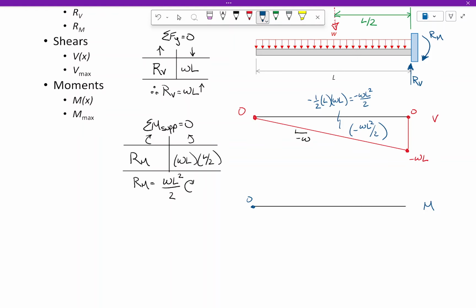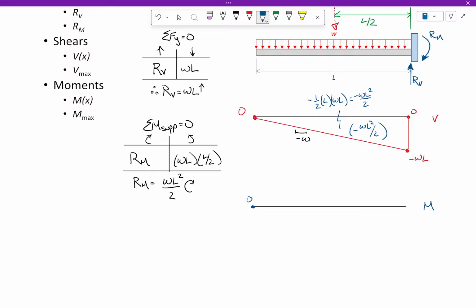Somebody tell me what the moment diagram looks like. It curves like this. It's a quadratic, and it drops down to minus WL squared over 2, brings back up, right?